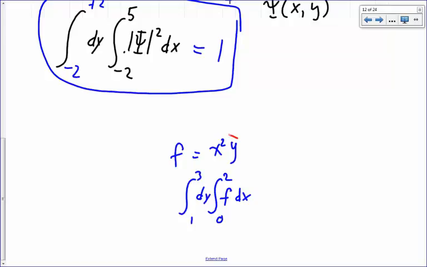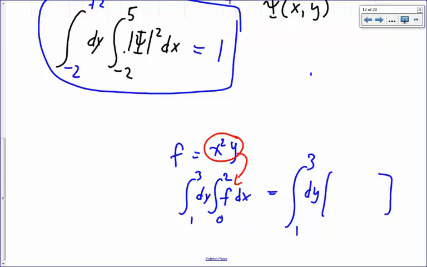Well, what you do is you substitute your f there, right? And so you would have the integral from 1 to 3 dy, and what you have here is the integral of x squared y dx, from x equals 0 to 2.